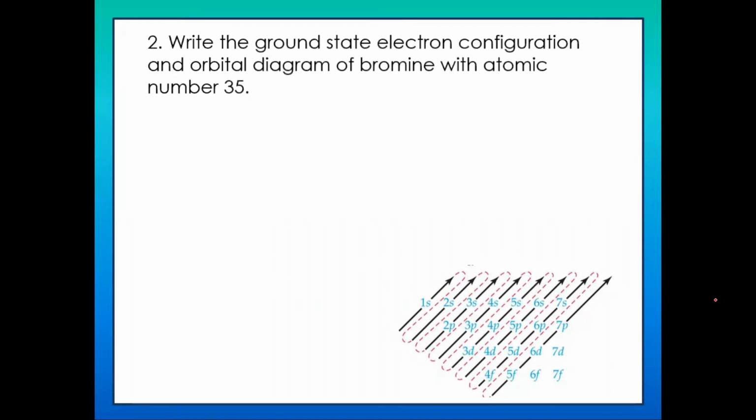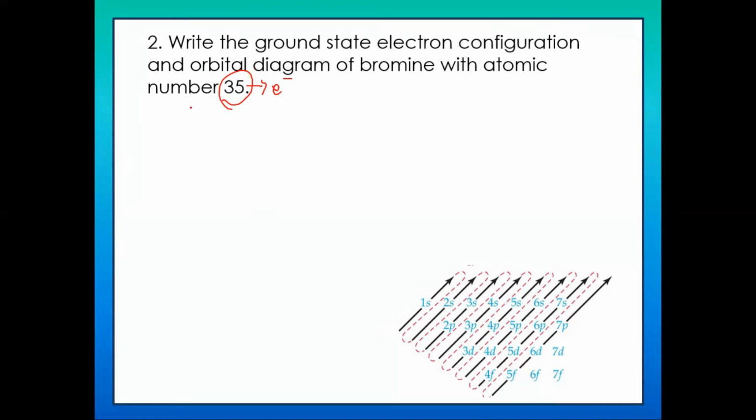Let's have the second example: write the ground state electron configuration and orbital diagram of bromine with atomic number 35. Again, the atomic number 35 here is also the number of electrons. That is what we have to distribute in each orbital.